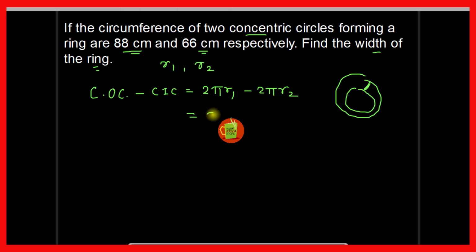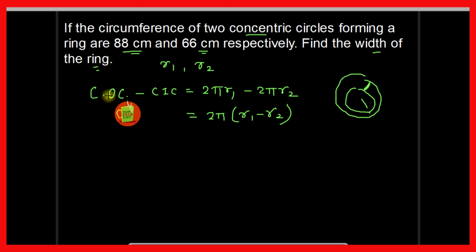Now here take out 2 pi as a common factor inside the bracket, r1 minus r2. The radius of the outer circle minus radius of the inner circle, that is only the width of the ring. So this will be the width of the ring.